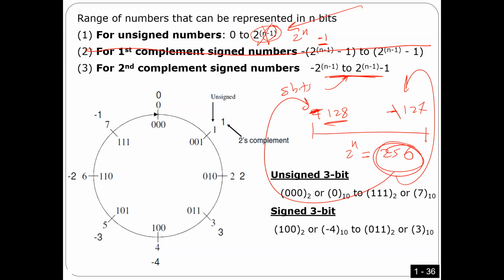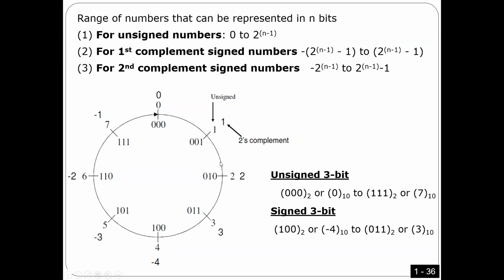Any questions? Okay. Now look here, what I want to explain next. Here I'm going to show you all the possible combinations we have for 3 bits. This one, this one, this one, and so on. Is that okay?